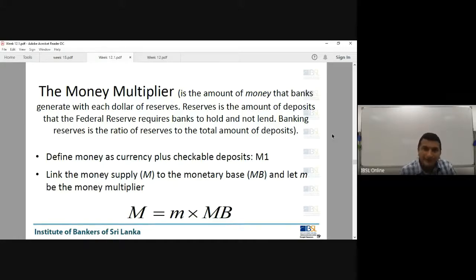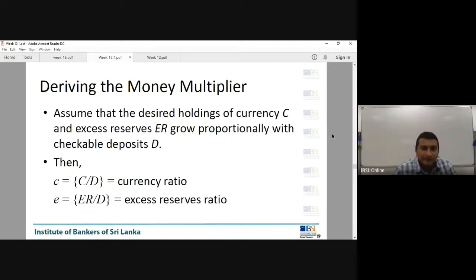You know what the money multiplier is now. So we will take this for further clarity by deriving the money multiplier.